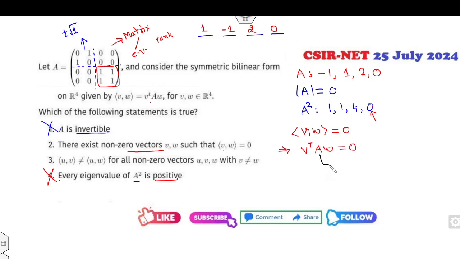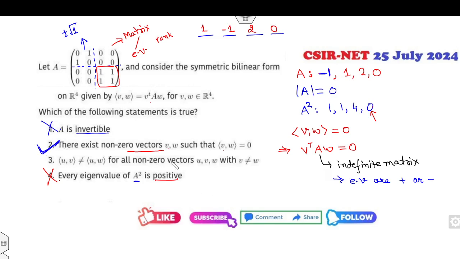This is possible only if A is an indefinite matrix. So how can you check for an indefinite matrix? When the eigenvalues are positive and negative, and you can see yes, the eigenvalues are both negative and positive. So yes, this option is the correct option.